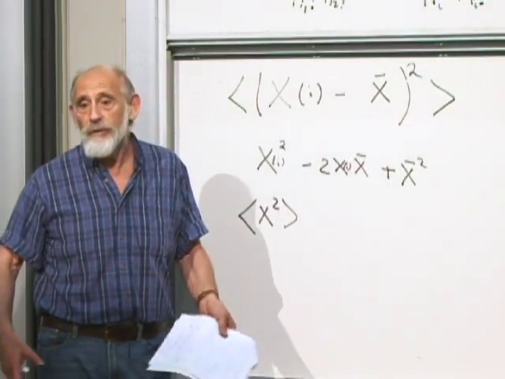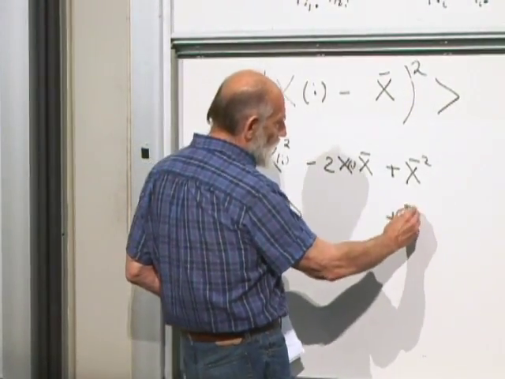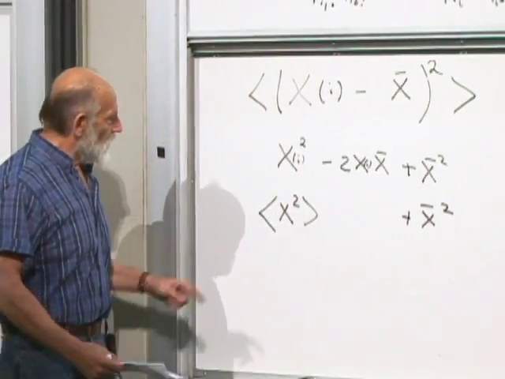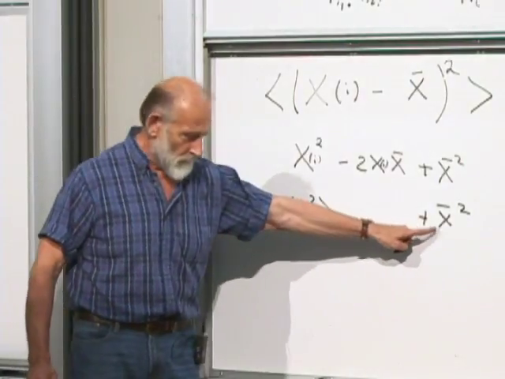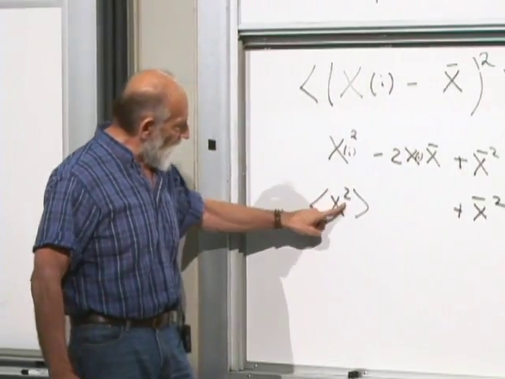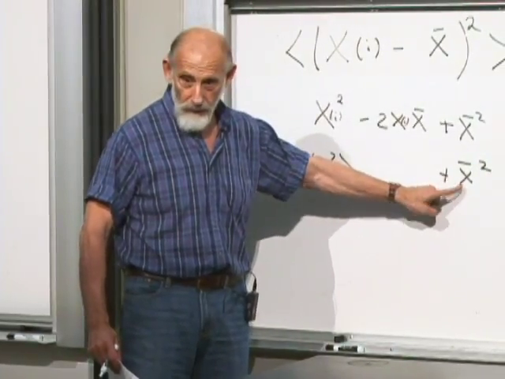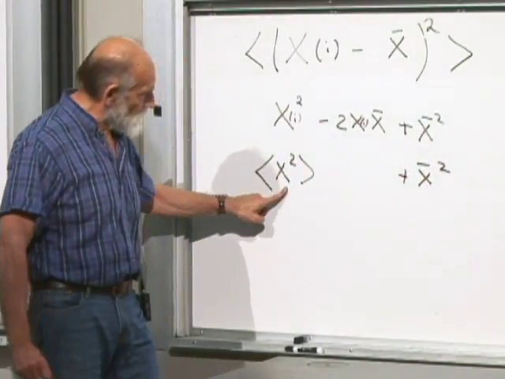And averaging a number is just the number. So this gives us plus x bar squared. Now, notice this is not the same as this. This is the average of the square, this is the square of the average. Okay, two different things.